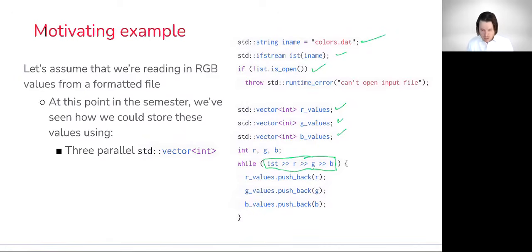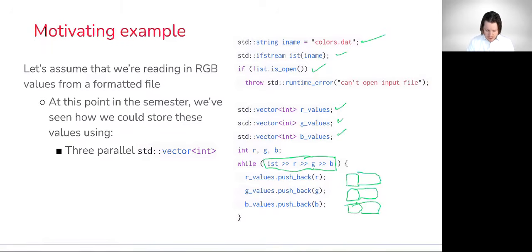And at the end of this, we can think about having, say, three vectors, each of one element. And then the second time we go through that, we can see these vectors being expanded by one to carry on the second.